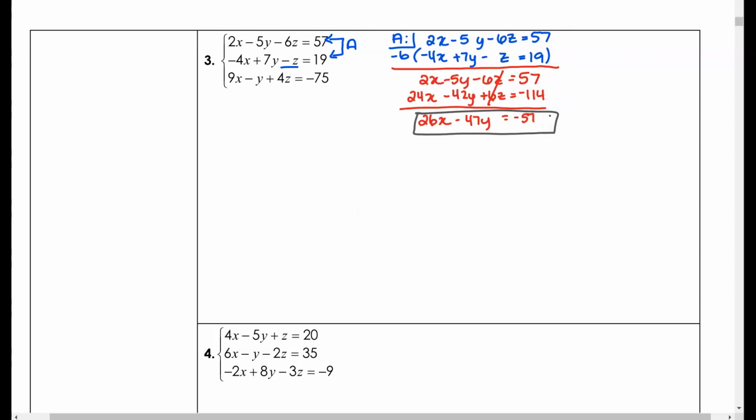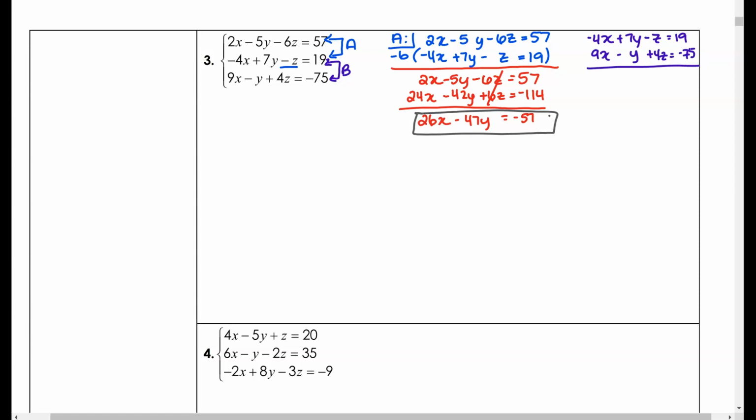Here again, because of that z that has no coefficient, I'm going to select the next two, and we're going to call this b. For our b, we're going to rewrite that top equation, so negative 4x plus 7y minus z equals 19. That bottom equation gives us 9x minus y plus 4z equals negative 45.